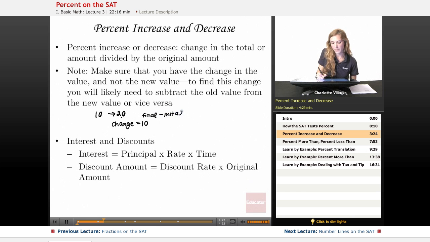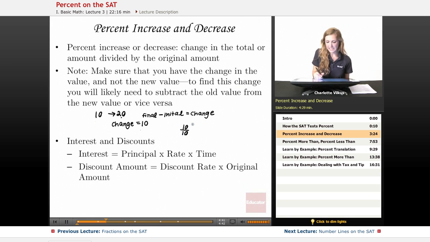So final minus initial is equal to the change. And then if I want to look at percent increase or decrease, I can put the change over the total, so 10 over 10, to find out the percent increase.